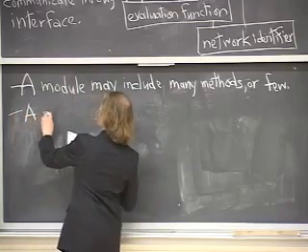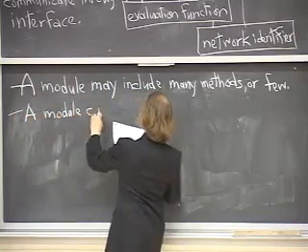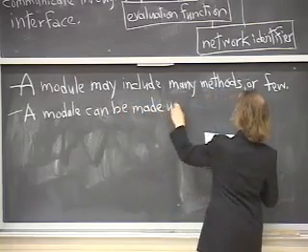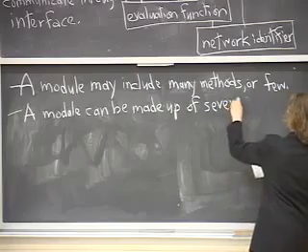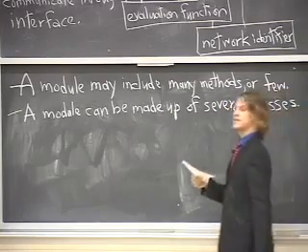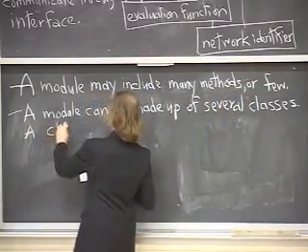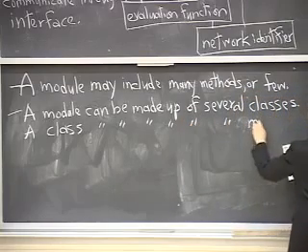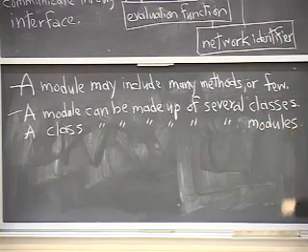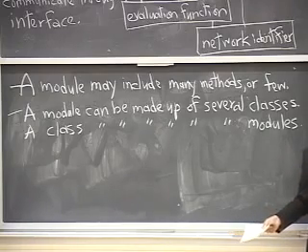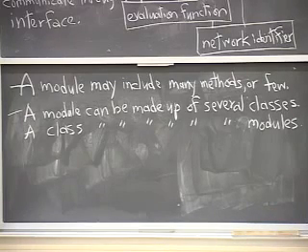Now, one of the things that makes modules confusing is that a module can be made up of several classes, and a class can be made up of several modules. So the divisions between modules do not match the divisions between classes necessarily. Let me give you examples that show each of these two situations so that you can understand why.